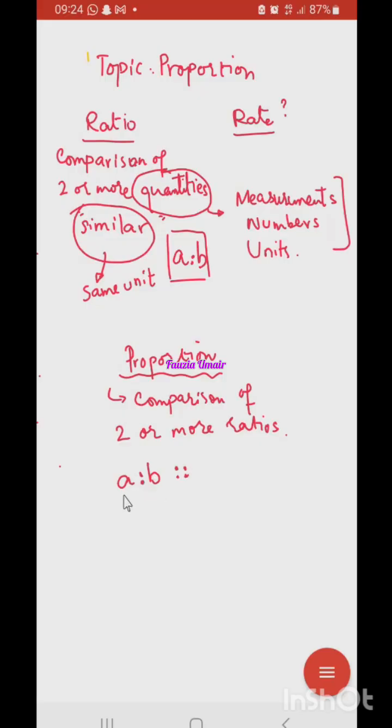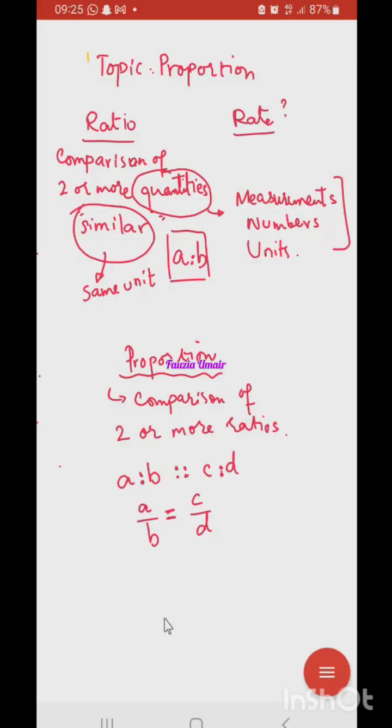We read it as A ratio B is proportion to C ratio D. In division form, we can write it as A by B is equal to C by D. Now you can see the definition is fulfilled: comparison of two or more ratios. You do this comparison using the equal sign, and these are the two ratios which are compared.